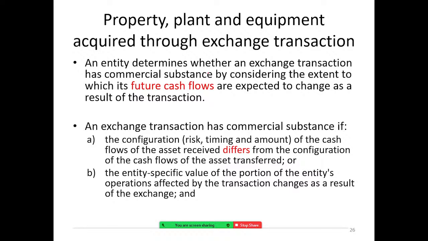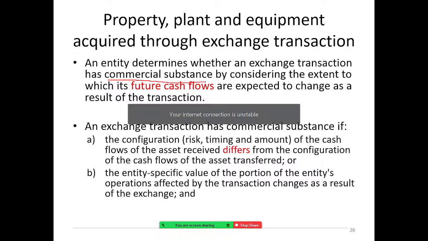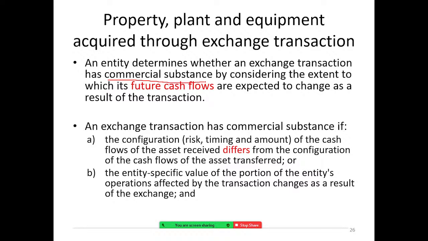An entity determines whether the exchange transaction has commercial substance. Commercial substance means it should give a significant change in cash flows. So for example, you already use old machine B, and now you exchange it for a new machine.